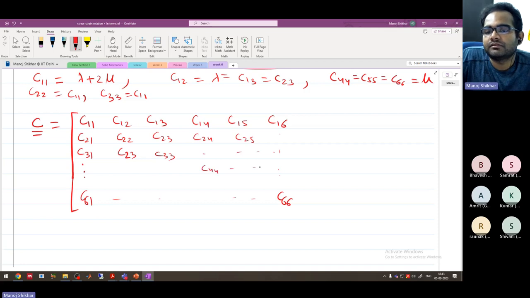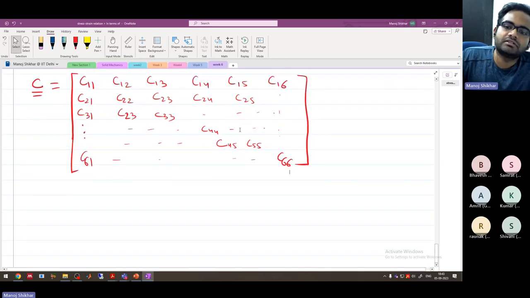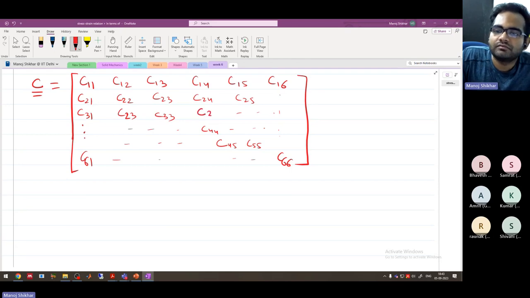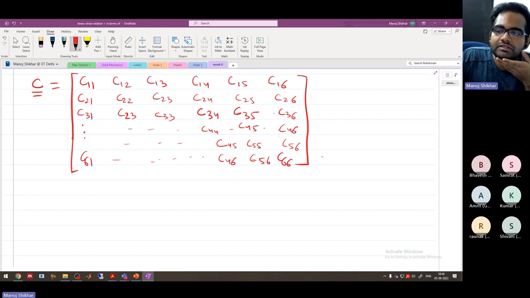This will follow the same trend. Anyways, this is a generic C matrix. So this is a 6 cross 6 matrix.